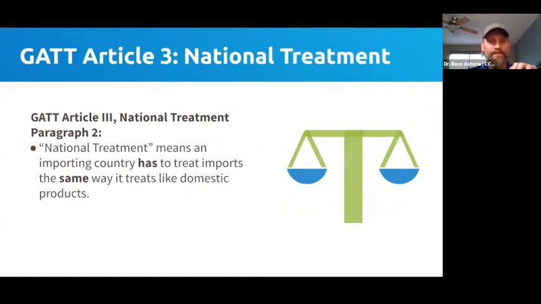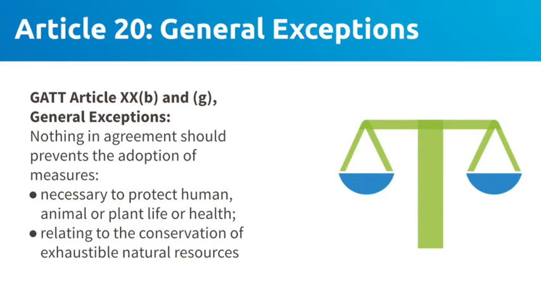And then the third article that is of concern to us is Article 20, general exceptions. This allows countries to make exceptions to otherwise applicable trade disciplines in a number of instances.